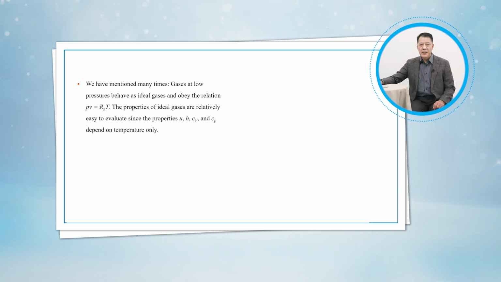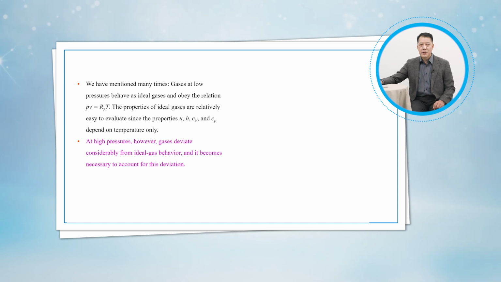The properties of ideal gases are relatively easy to evaluate since the properties depend on temperature only. At high pressures, however, gases deviate considerably from ideal gas behavior, and it becomes necessary to account for this deviation.